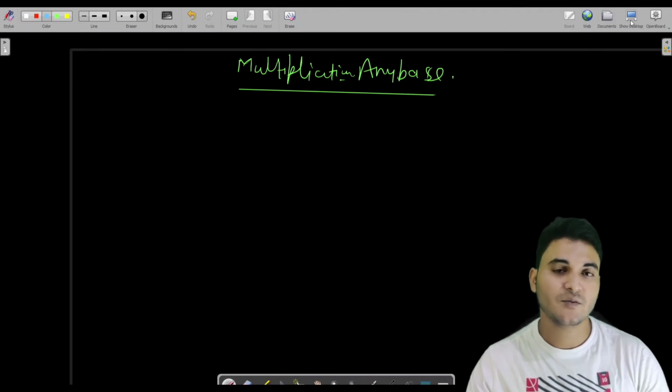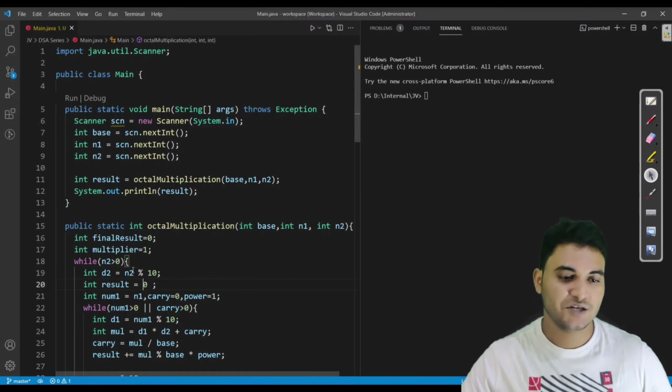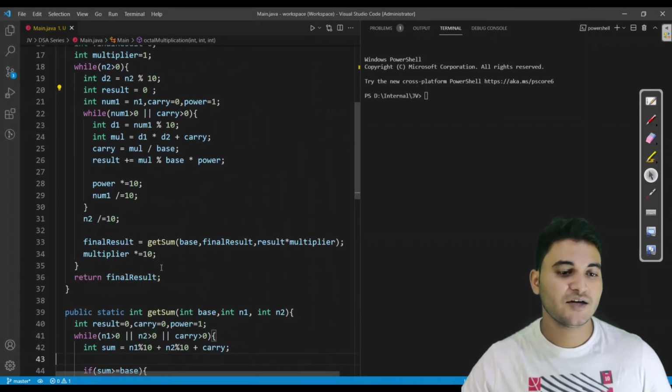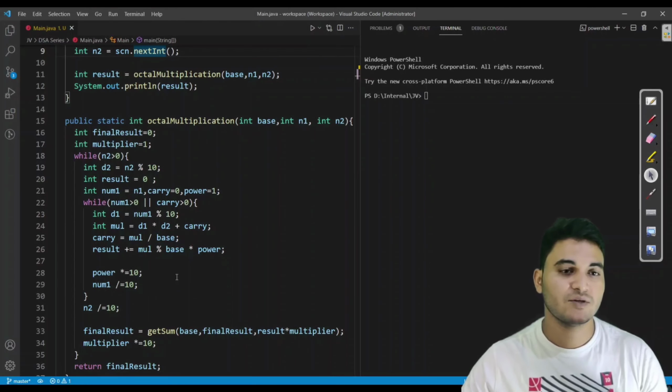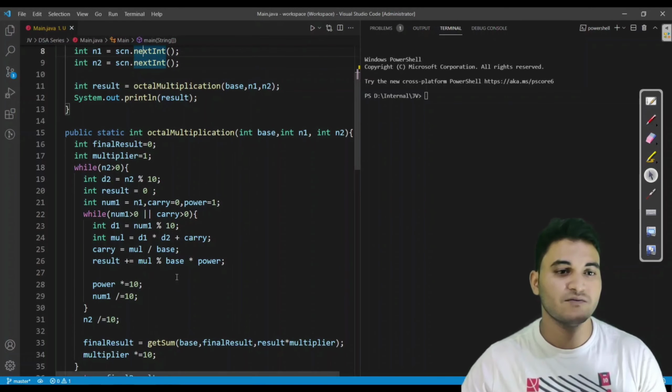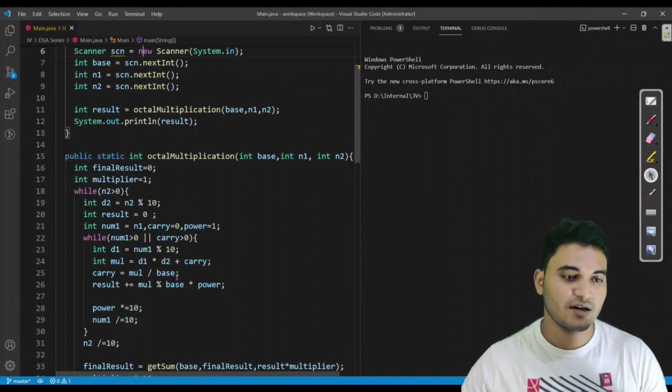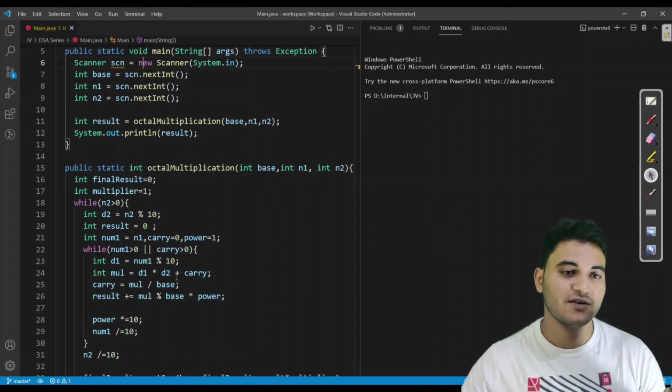Wherever we have written the base value, we are just replacing it. If you can see here, we have already written the code for multiplying two numbers. If you are confused with this code or have any doubt in it, then you should watch my previous videos, because I have explained each and every line of this particular code. You should watch my addition videos and multiplication videos of two decimal numbers.